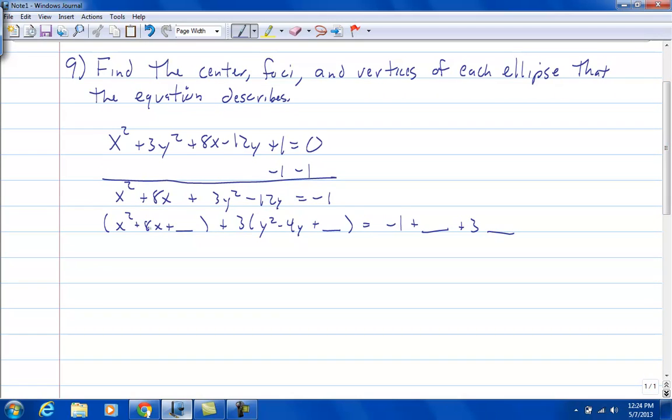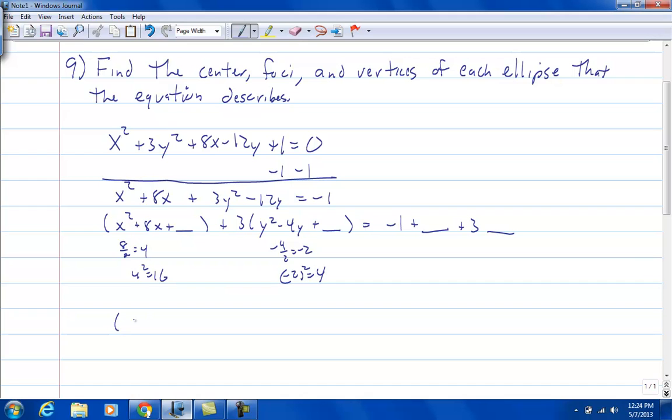And we take this 8, half of 8 is 4. We should do it like this: 8 divided by 2 is 4, 4 squared is 16. Take that negative 4, divided by 2 is negative 2, and negative 2 squared is 4.